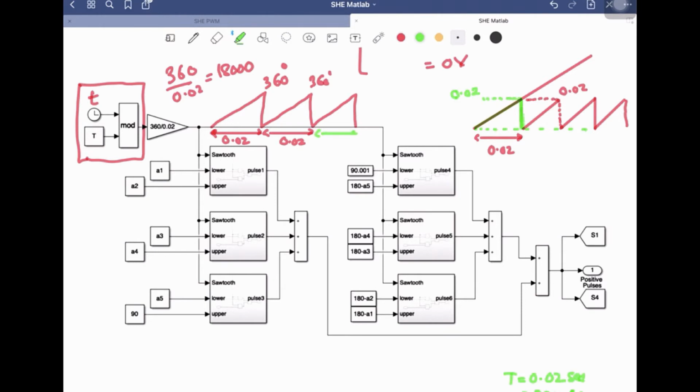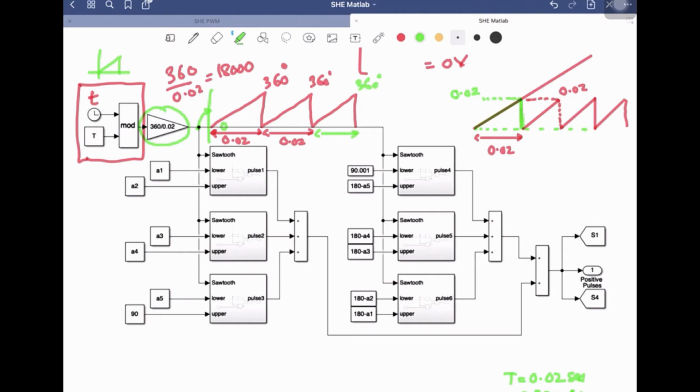We will be getting this waveform at this point. This is generating a sawtooth waveform, and then we multiply it with the gain 18,000, so that it is mapped from 0 to 360. That's what we are doing over here.